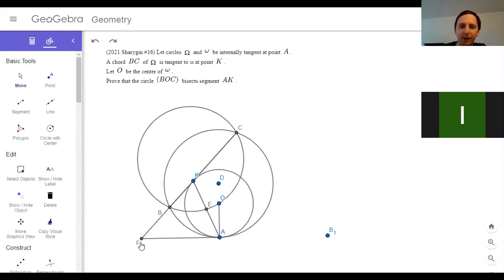So we have to show OF passes through E. We know AK is perpendicular to OF. How do we show OE and F are collinear?